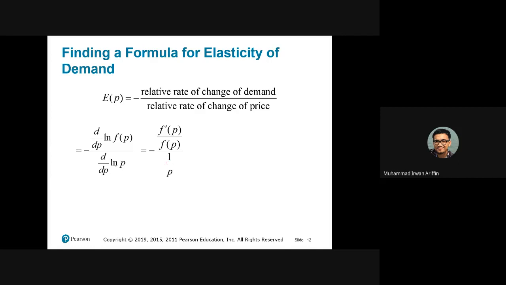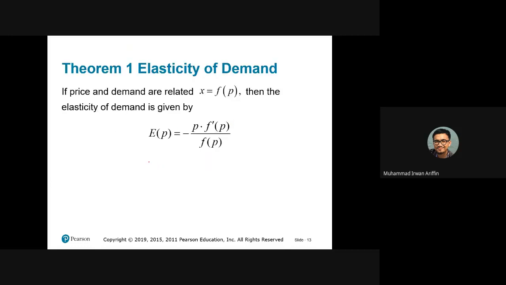Then the relative rate of change in price is 1 over p. We can rearrange this such that we bring this p up in the numerator. So this is the definition of elasticity of demand.